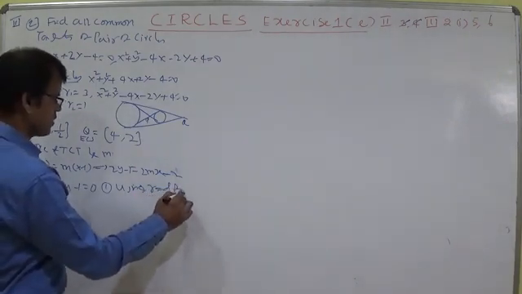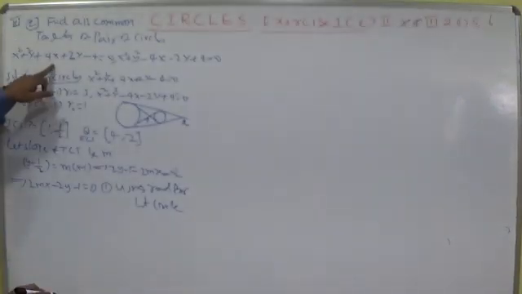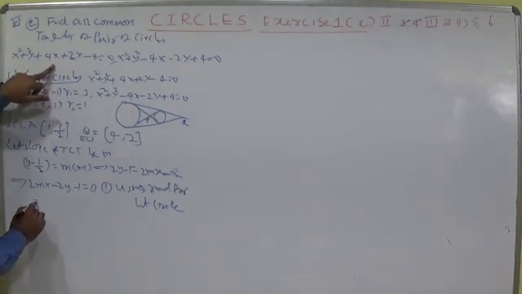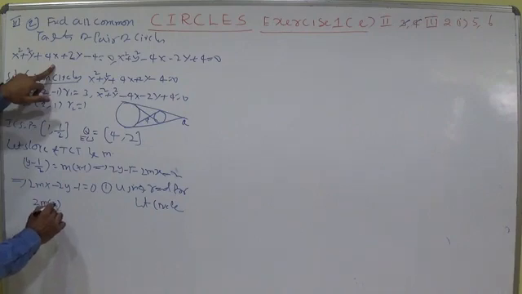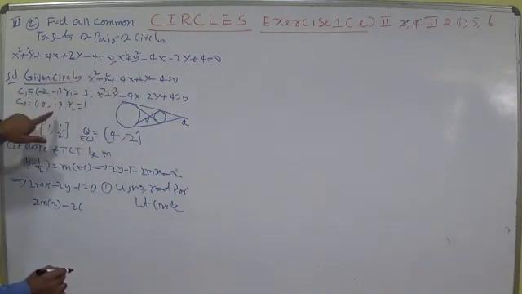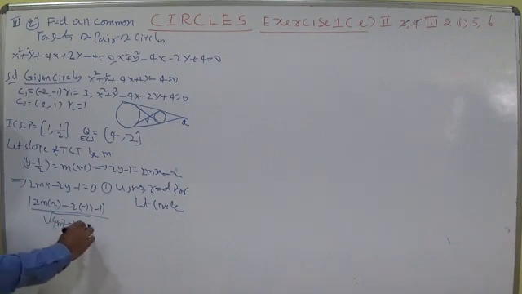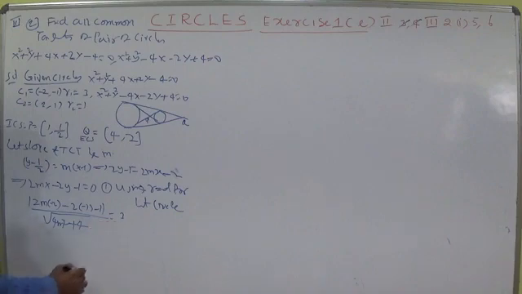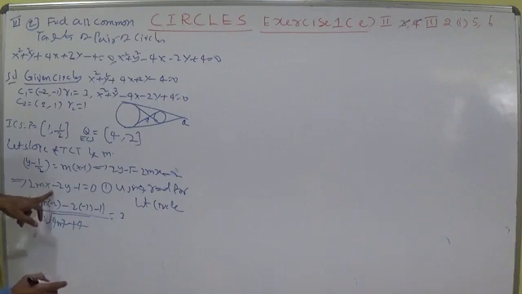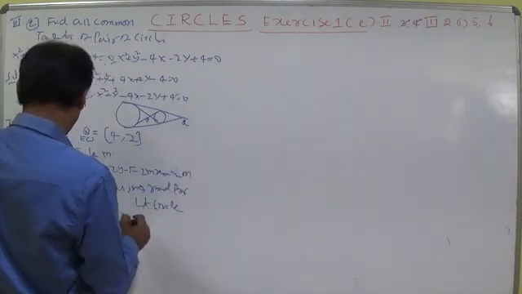Here the line is 2mx minus y minus 2m plus 1.